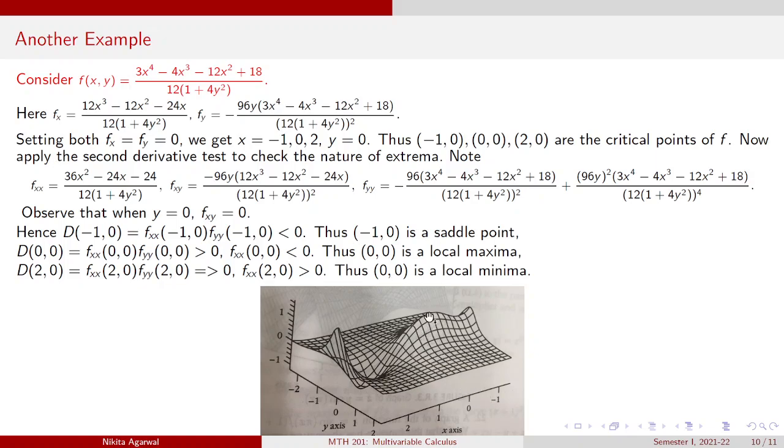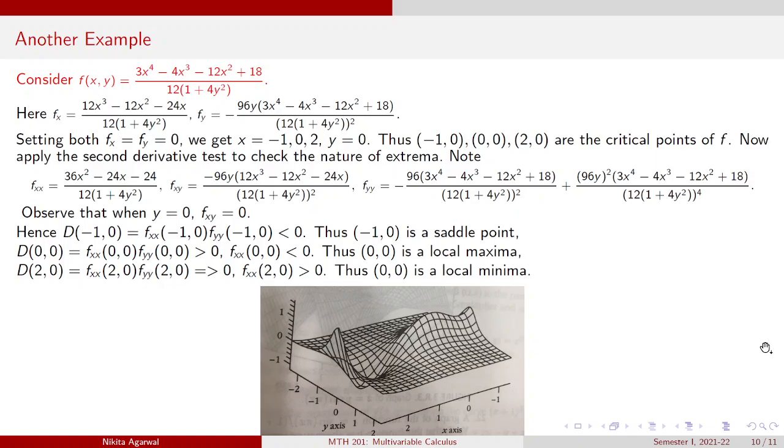You can see that it's a maxima, right? It's bigger than all the possible values in some local disk. Now you come to the point (2, 0), (2, 0) is here. You can see that it's the minimum value in some local region about this point, right? So this is your local minimum.